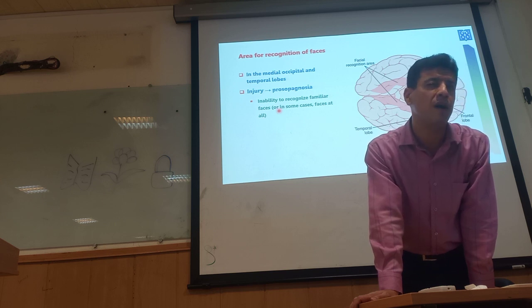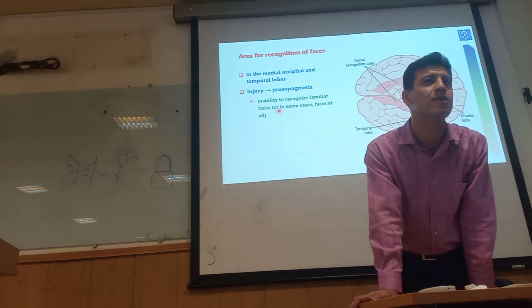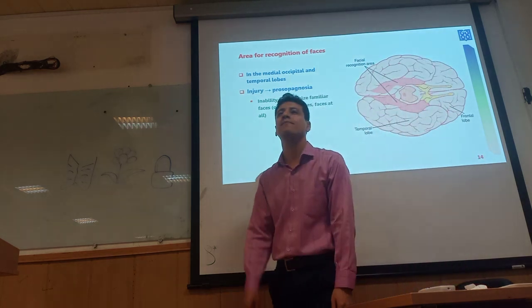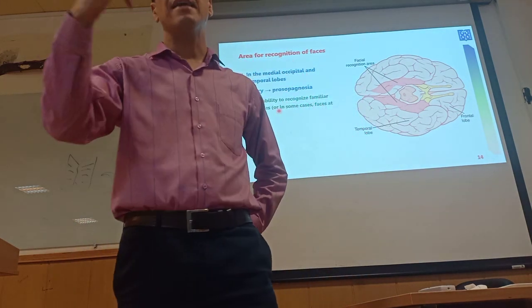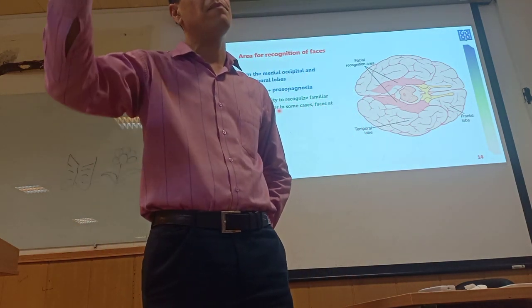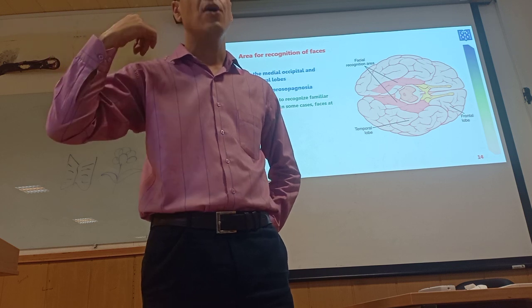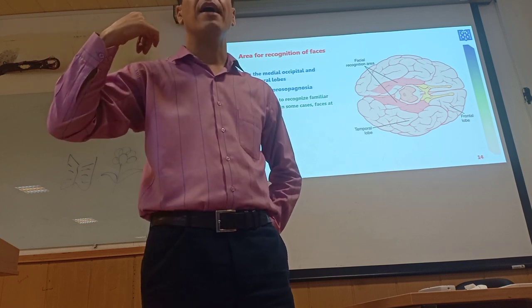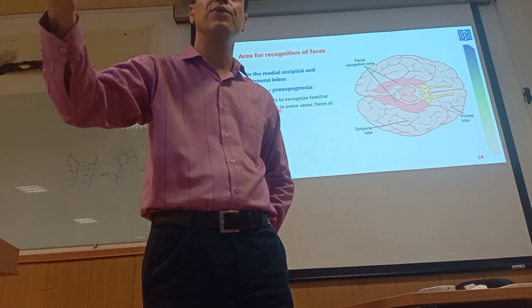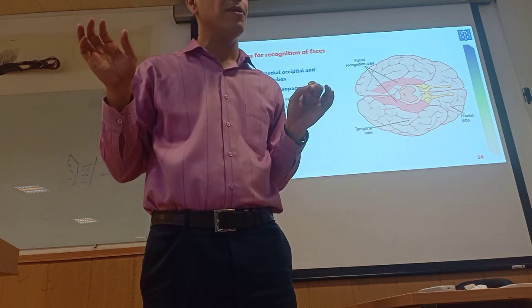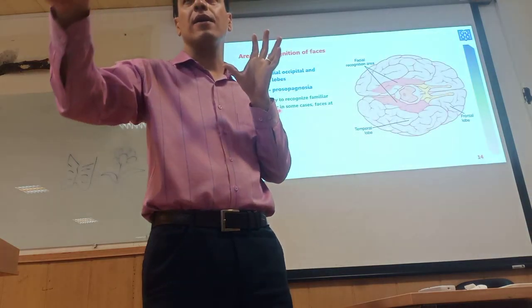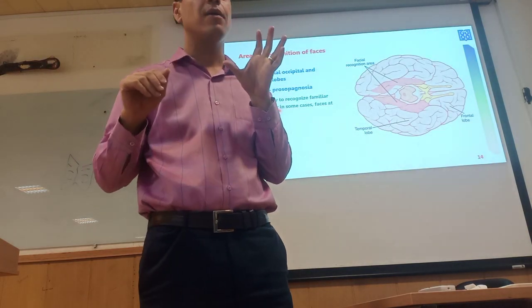Okay? But the patient uses other information in order to recognize people. For example, I know that that guy usually wears that special type of clothes. So I can recognize him by his clothes. Or I know that, for example, he or she wears glasses, right? So by using this glass, I can recognize her or him.